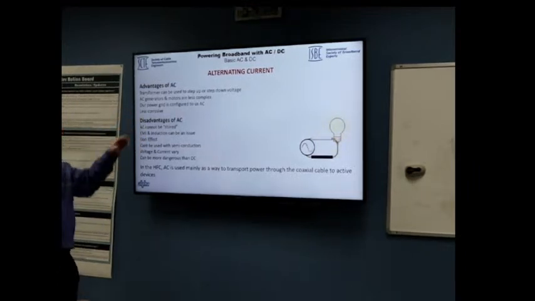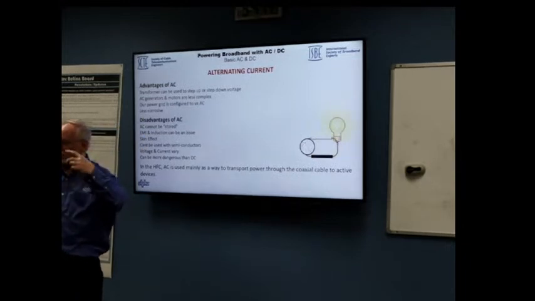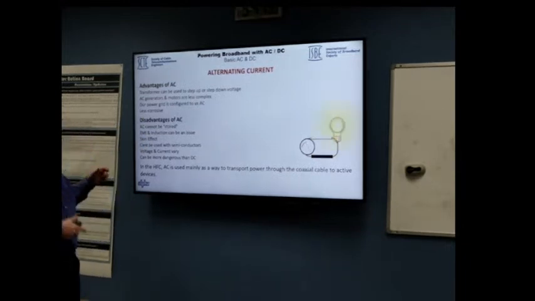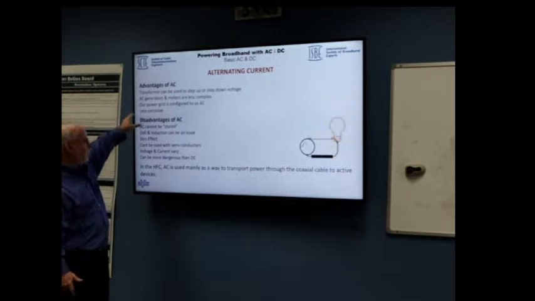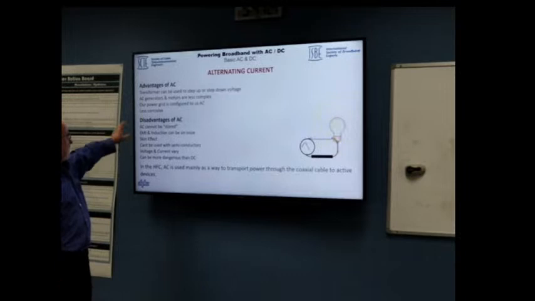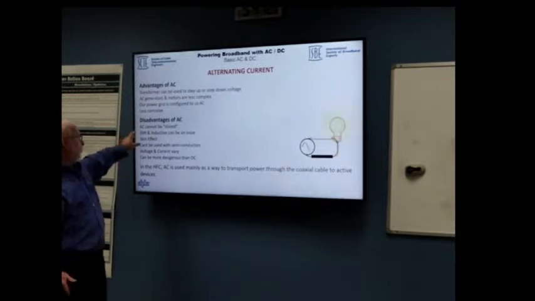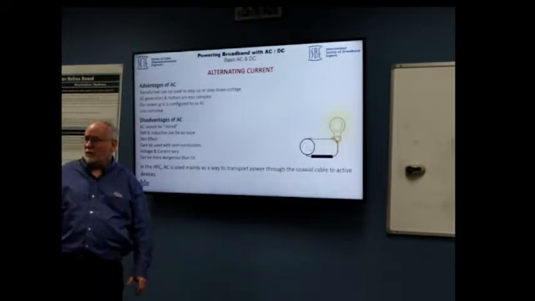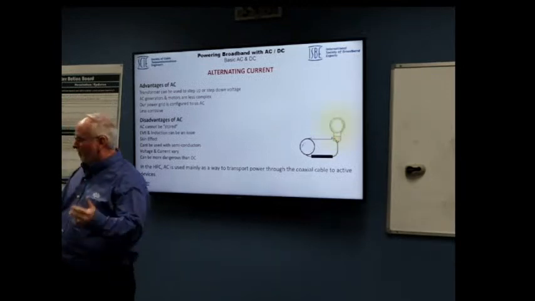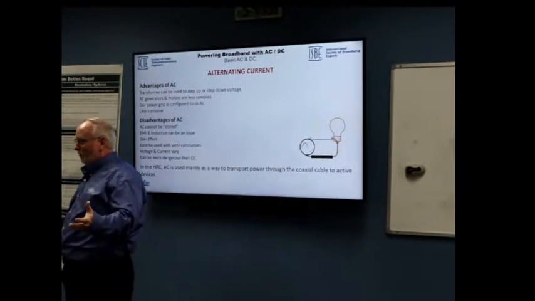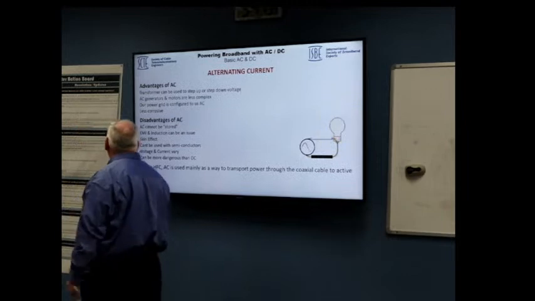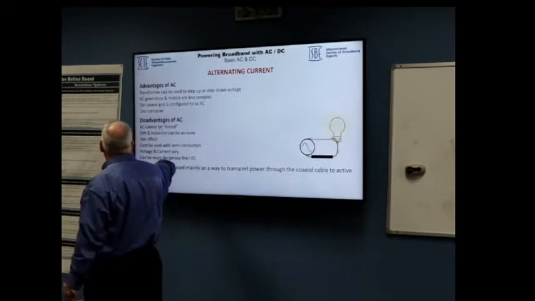AC generators and motors are less complex because they have effectively just a ring, sleeve, and brush. Our power grid is configured to use AC and it is less corrosive, but it cannot be stored easily. Now, if you have a flywheel storage system, yes, you can take an AC generation and run a flywheel at a high speed, but we're not talking about that kind of storage.